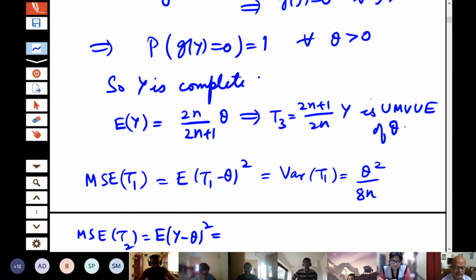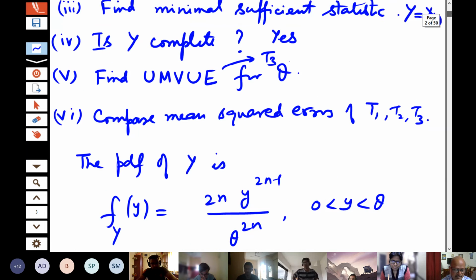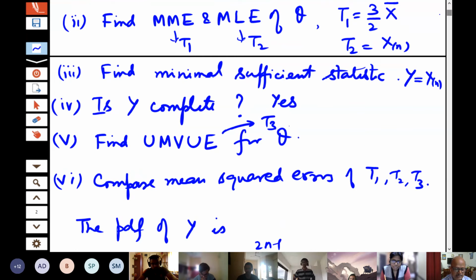But definitely in all the cases, these are better than the method of moments estimator. In the beginning, I gave you a little bit of history. I mentioned that the method of moments is something like a primal kind of thing. In the very beginning, Karl Pearson gave it around 1900 as a first method of estimation.